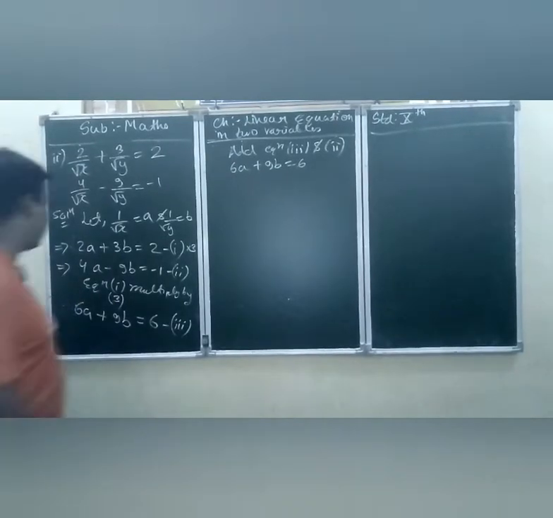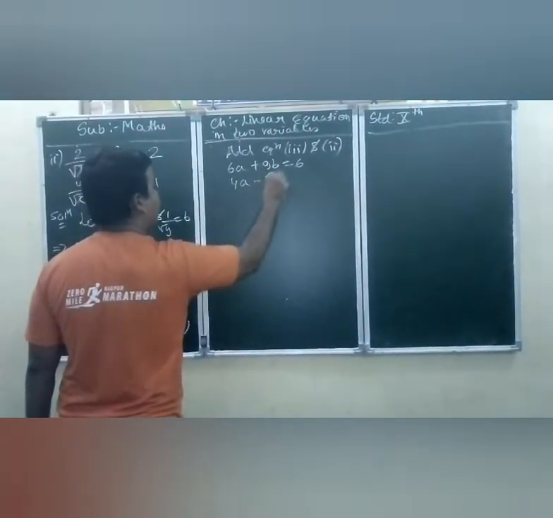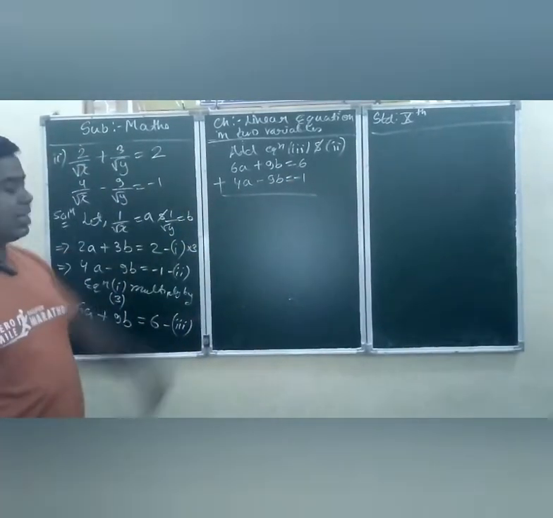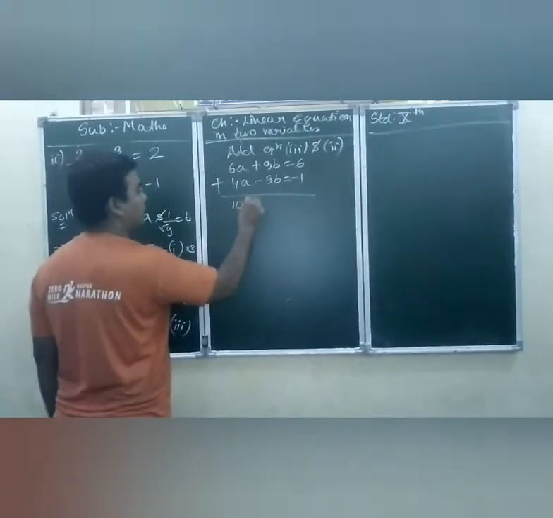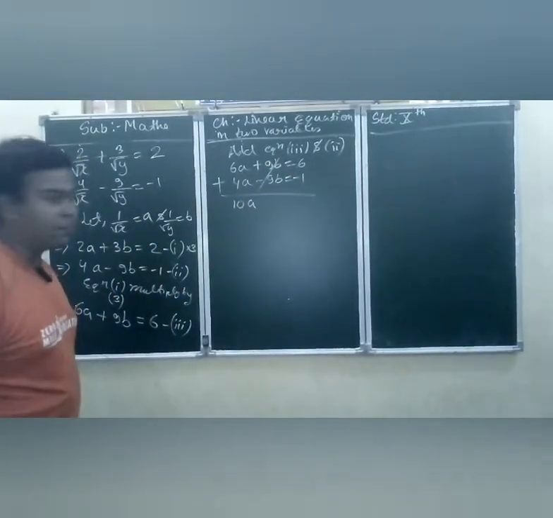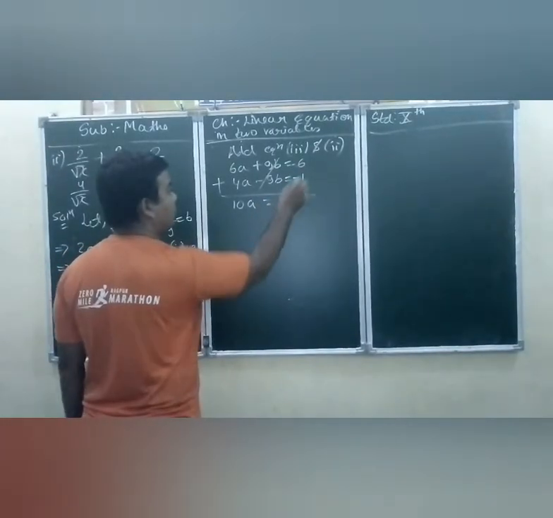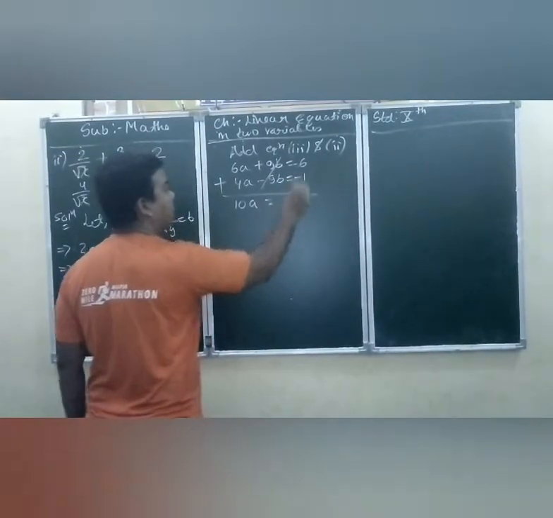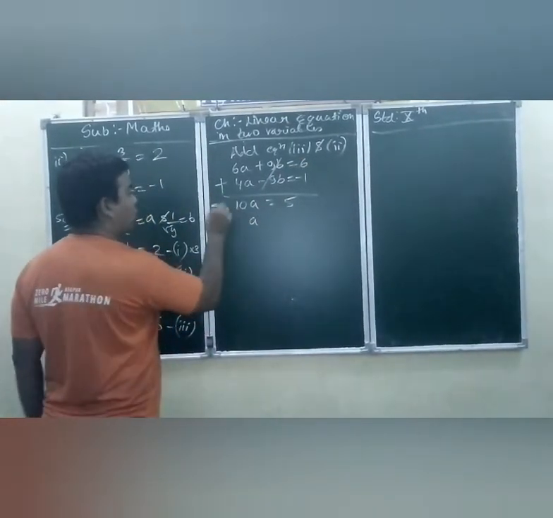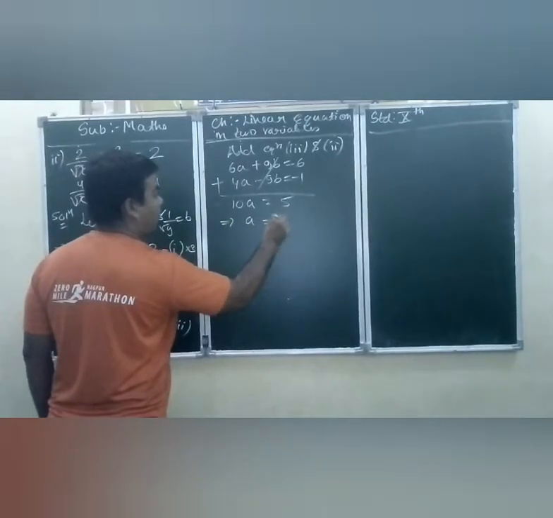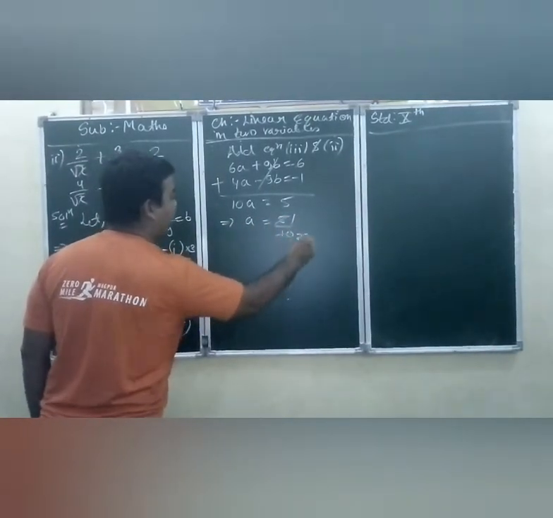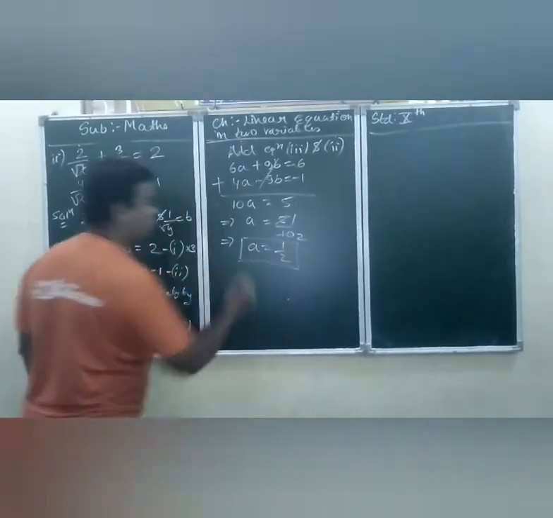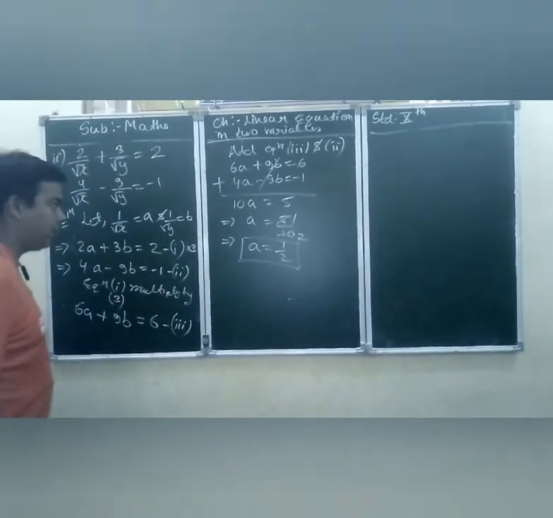Then 4a minus 9b is equal to minus 1. 6 plus 4, 10a; plus 9b and minus 9b cancel. 6 minus 1, 5. So a equal to 5 divided by 10. 5 ones are 5, 5 to the 10. a equal to 1 by 2.